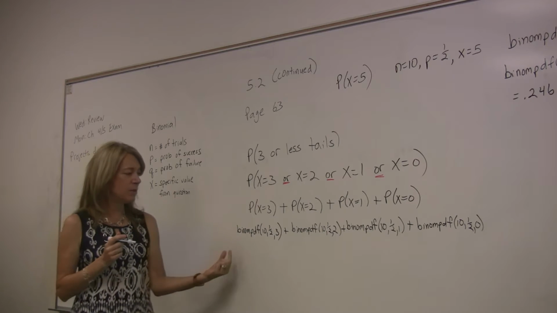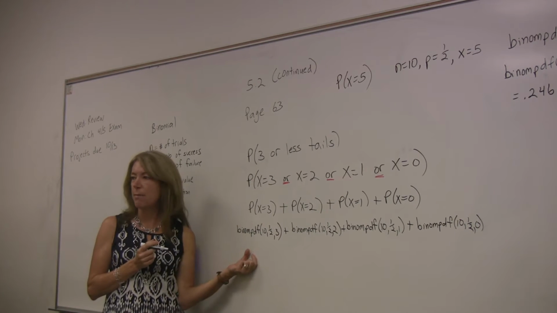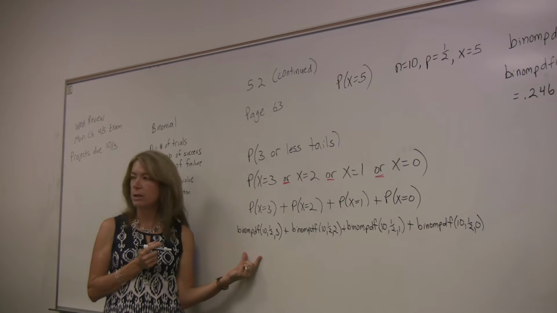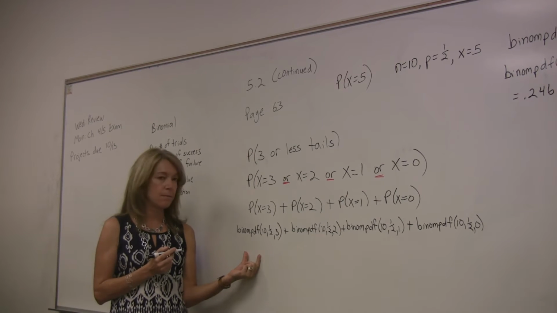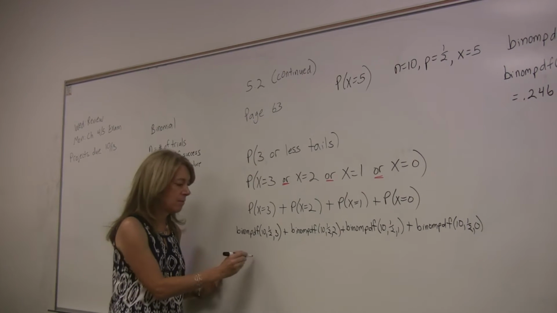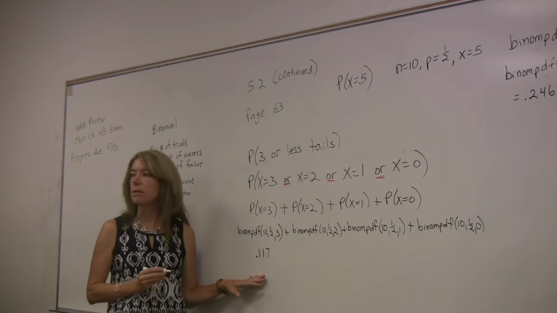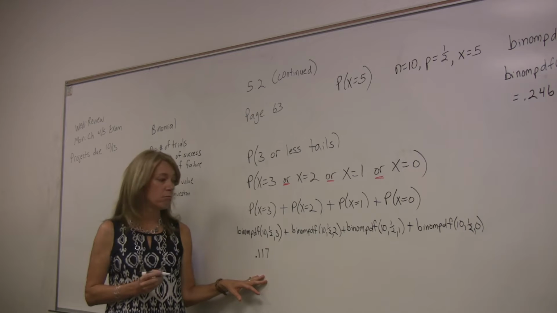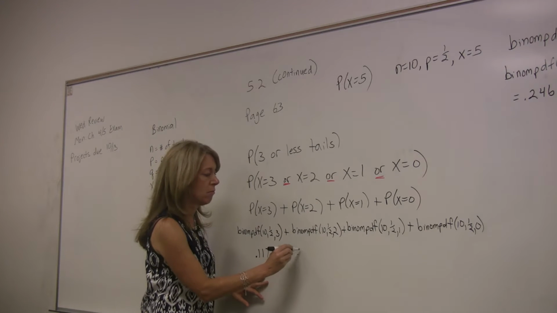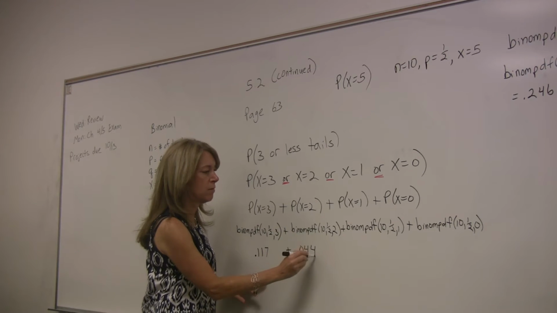We were still punching buttons, some of you already have it, I'm gonna start writing them up here and we can check them as we go. What was the first one here? .1172. 1172, let's just round them to 3 decimal places, okay? 117, 044.